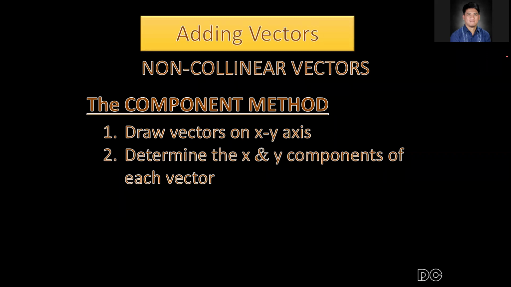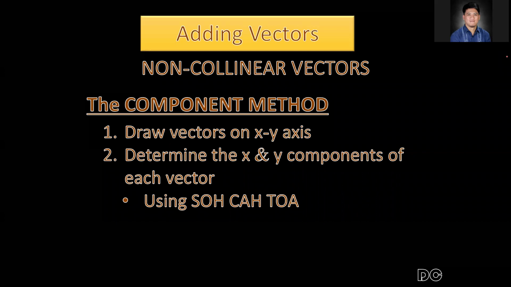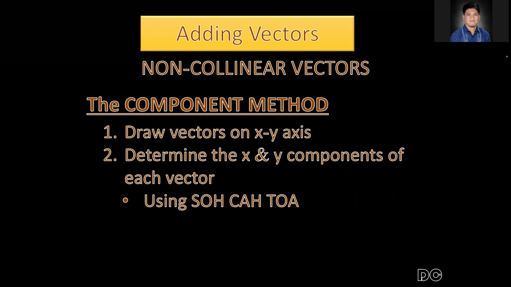We can determine the x and y component using the sine, cosine, and tangent functions. So using the trigonometric functions, we can determine the x and y components of each vector.